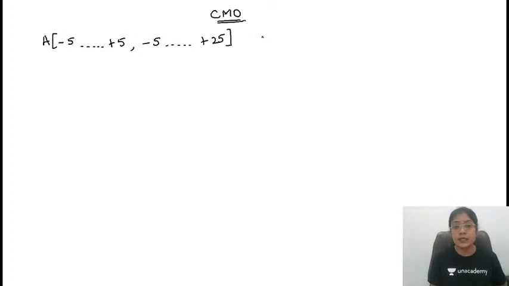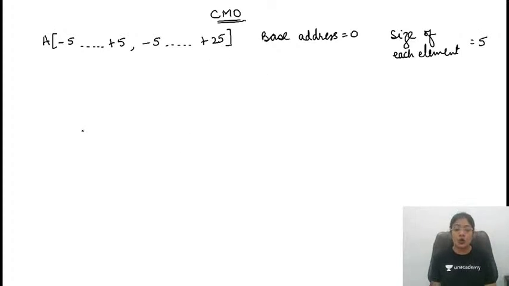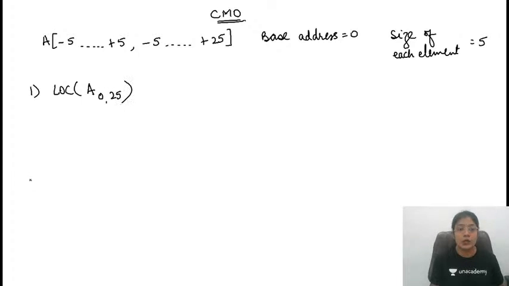Base address is, let's assume 0. Size of each element is 5. You have to use column major order. Find out the location of A[0][25]. Just solve two questions and then we'll write the formula.